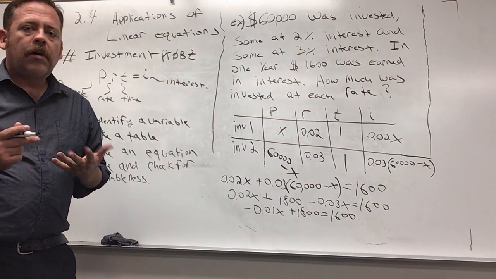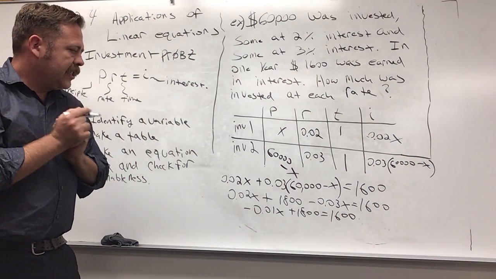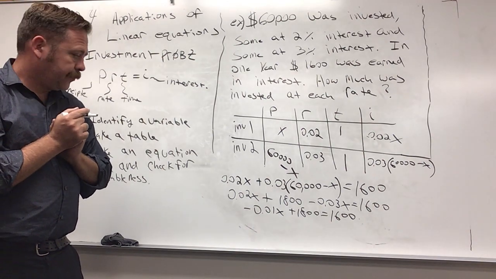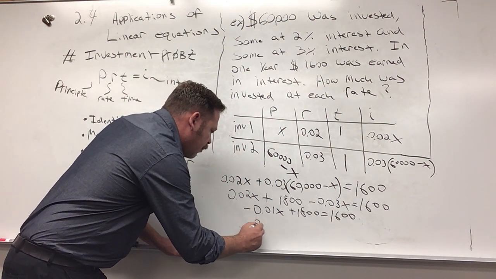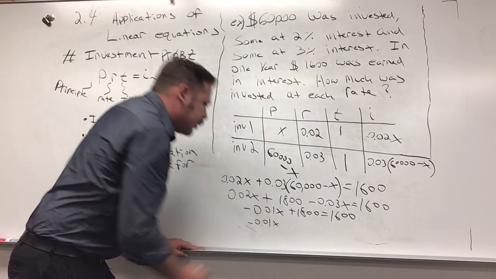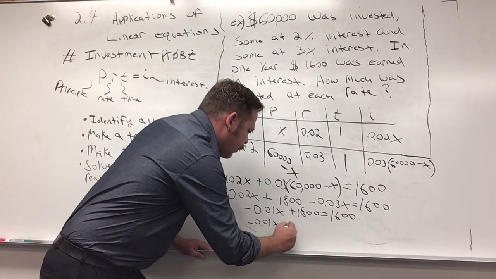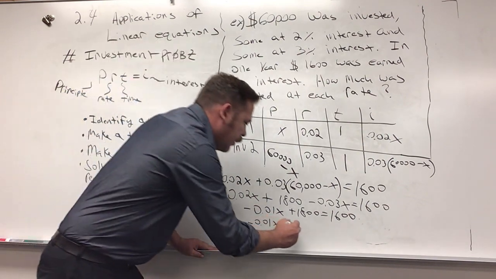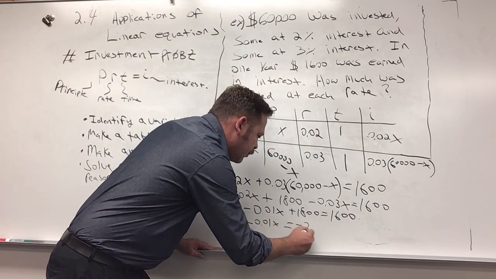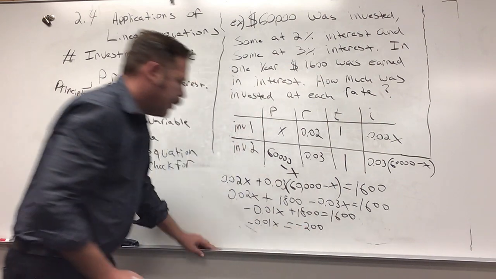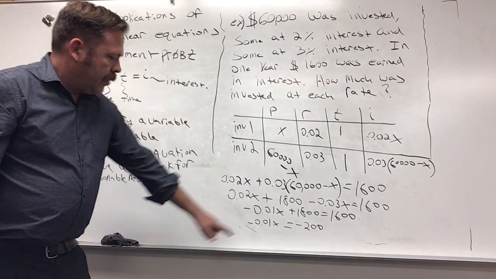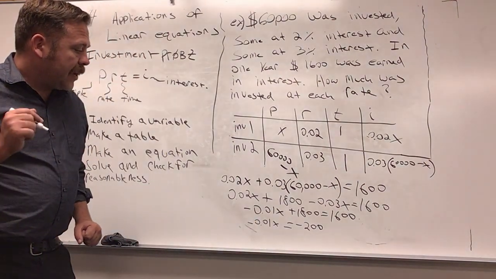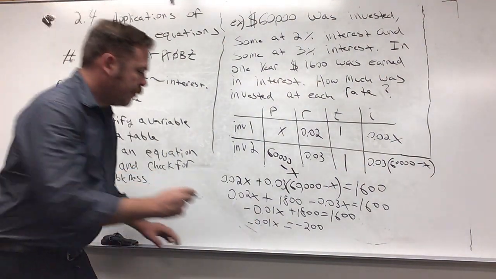And now I'm going to subtract 1,800 from both sides, and I get negative 0.01x is equal to negative 200. And it looks like our x might be negative, but really, last step is to divide by negative 0.01.